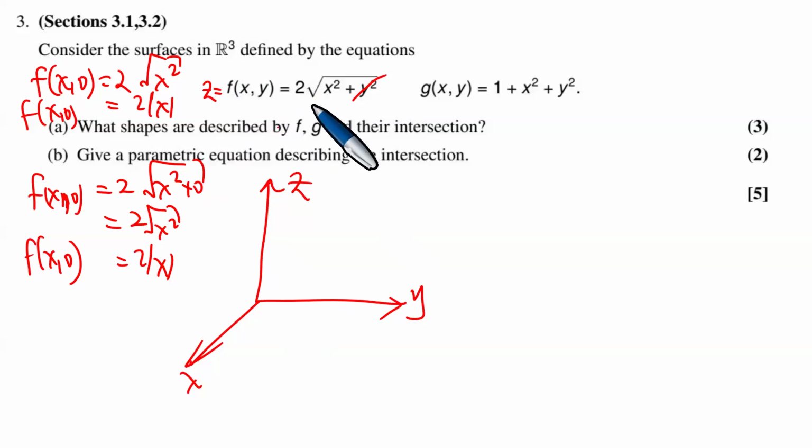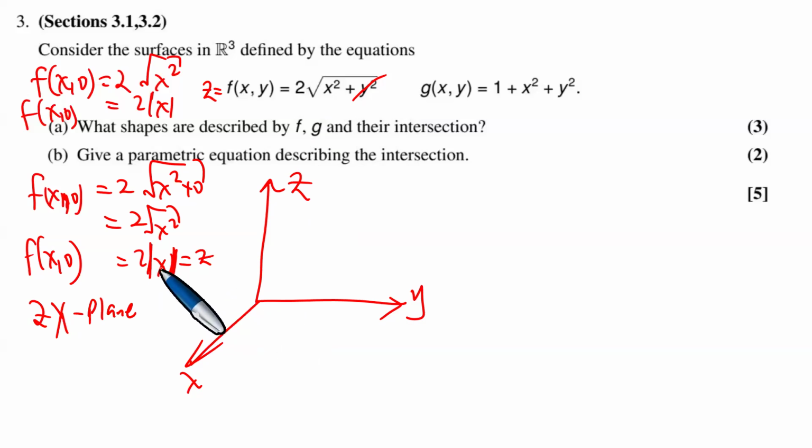Since y is 0, it is something in the zx plane. So we're dealing with the zx plane. Then what do we have? You sketch this one in the zx plane.